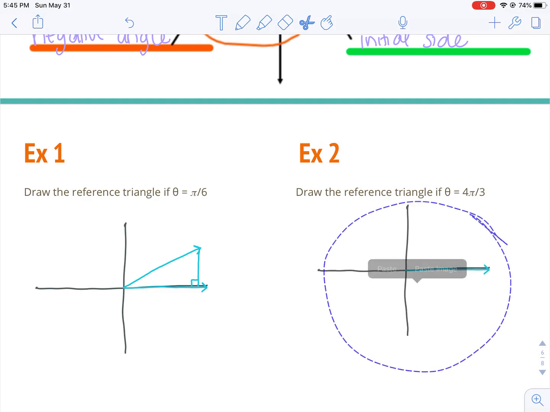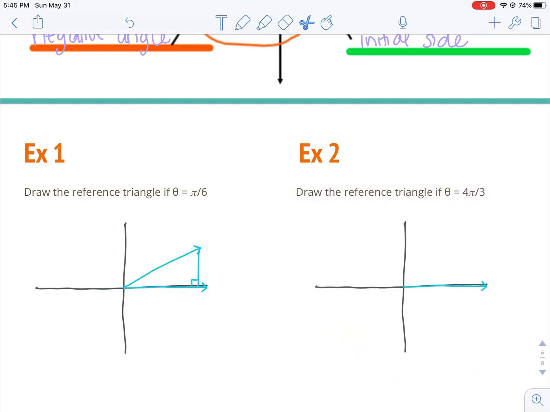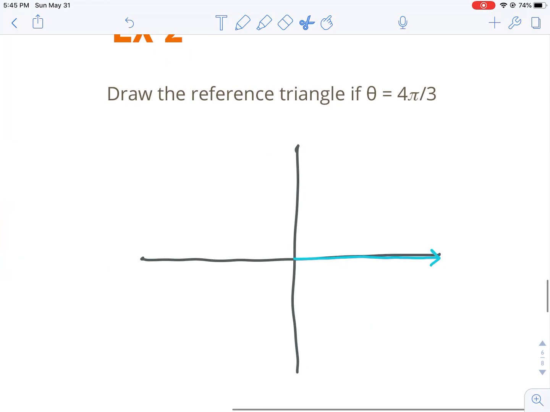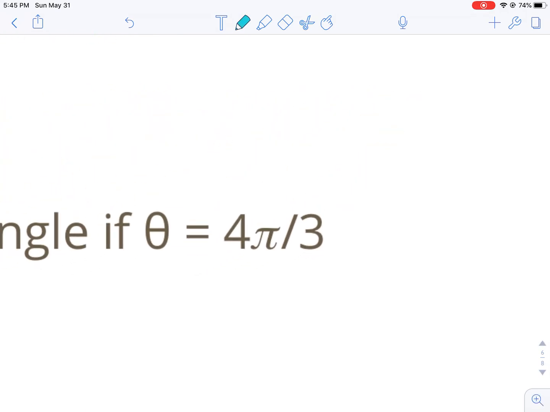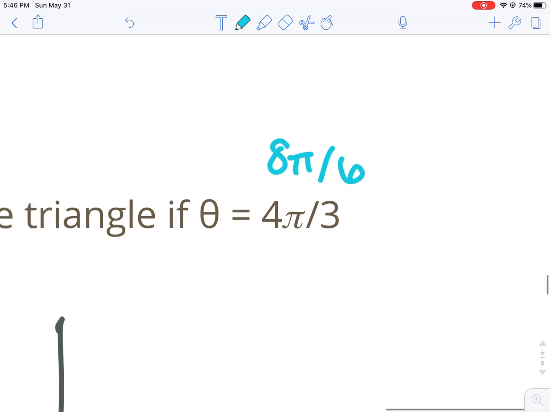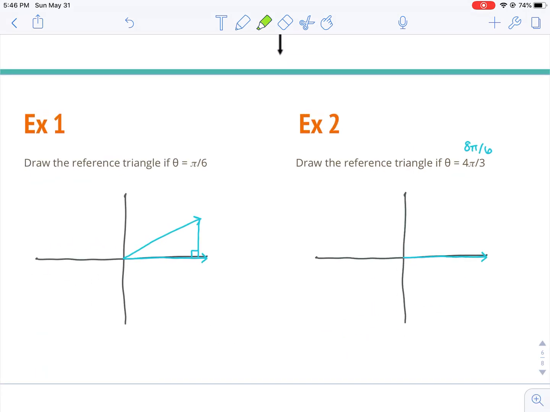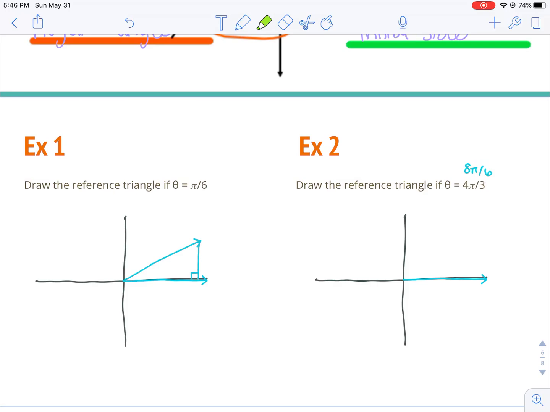I'll do the same thing for example number 2. This time, I'm like, ooh, 4 pi over 3. I'm not entirely sure where that one ends up, but I know if I count by 6 that I can get there. So I'm going to count up to 8 pi over 6. And I'm going to picture my entire unit circle split into sixths.